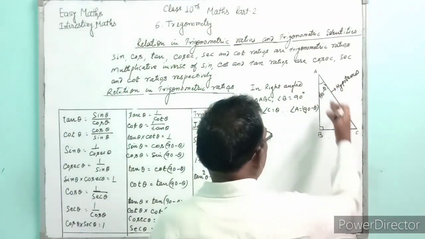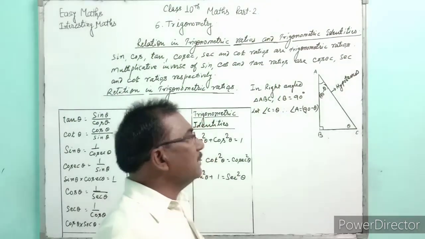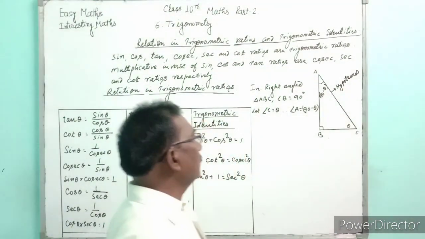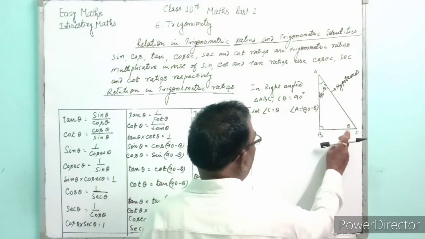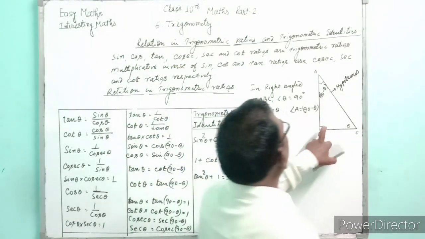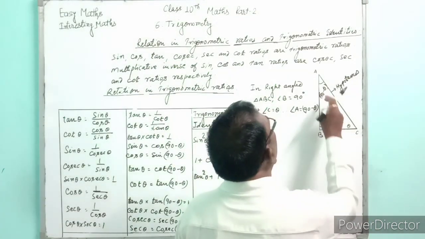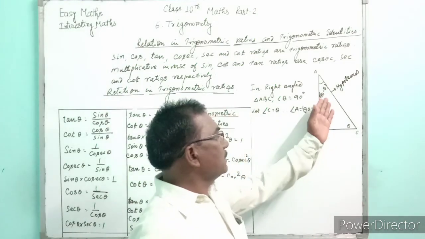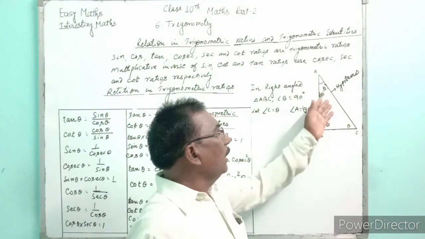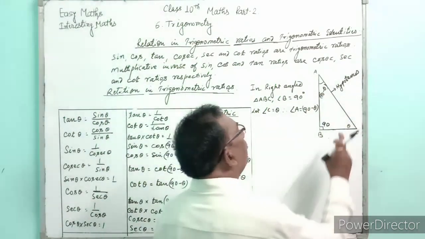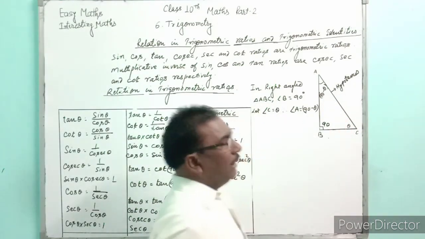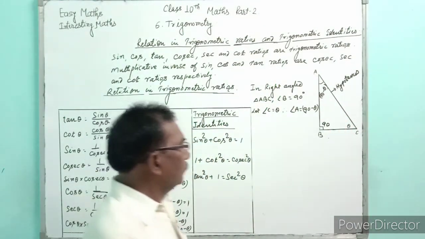This is a right angle triangle ABC, and in this right angle triangle ABC, B is a right angle, therefore AC is the hypotenuse. Let angle C is equal to theta, therefore angle A, the sum of the measures of these two angles will be 90 degrees. Measure of angle C is equal to theta, therefore measure of angle A will be 90 minus theta.